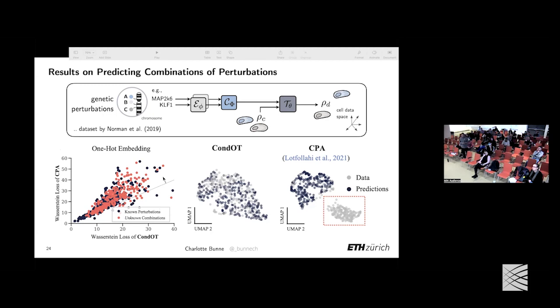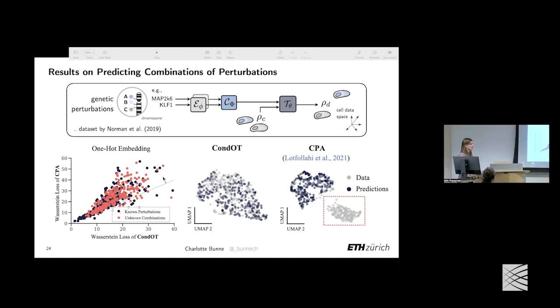So we also look at the mean, and this is what I call the perturbation score, but it's de facto the mean. So you look at the distance between the average profiles. And in terms of mean, we also match the mean well, but CPA is comparable if you just look at the mean. Same for the correlation structure.